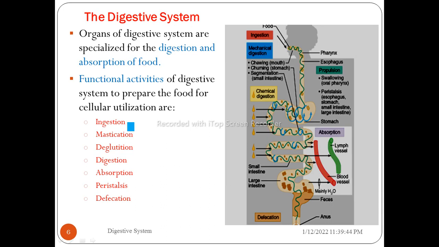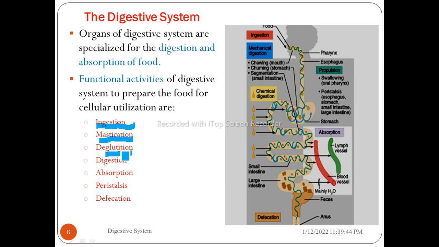The functional activities of the digestive system start with ingestion, then mastication, then deglutition, then digestion, absorption, peristalsis, and finally end with defecation. Ingestion means the process of taking food into the mouth. Mastication means chewing and mixing food contents within the mouth.